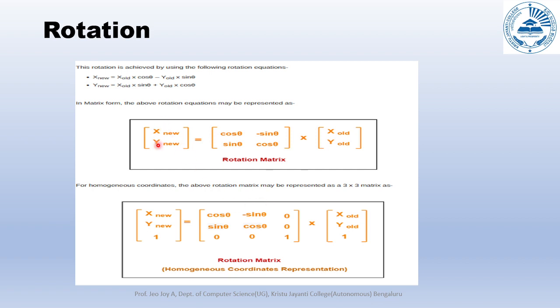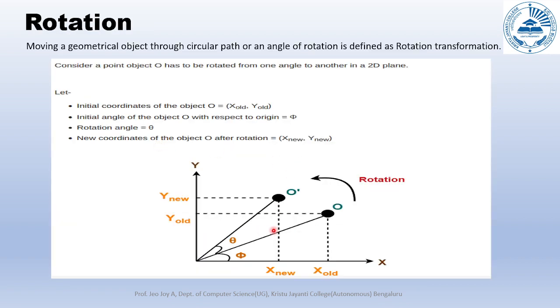We can see in this diagram that the Cartesian coordinates of O, x and y, can be represented in terms of cos phi and sin phi. So x old is given as r cos phi, and y old is r sin phi.